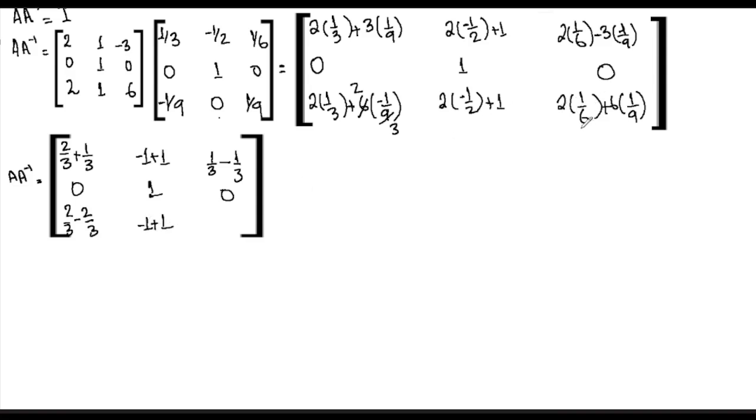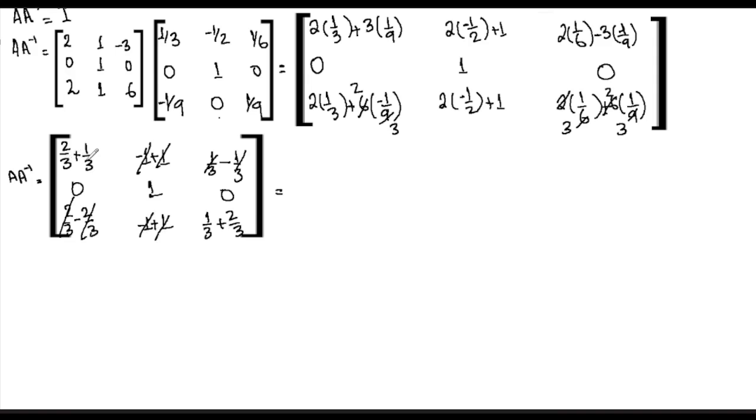And then we have 2 into 1 by 6, 2 3s are 6, so we have 1 by 3, plus 6 by 9, 3 2s are 6 and 3 3s are 9, so we have plus 2 by 3. Now first of all, we are going to cancel the negative and the positive ones. So minus 1 plus 1, 1 by 3 minus 1 by 3, 2 by 3 minus 2 by 3, and minus 1 plus 1. So we have to solve this one and this one.